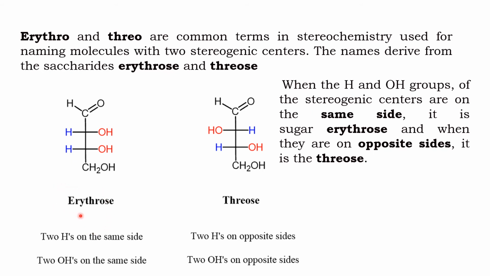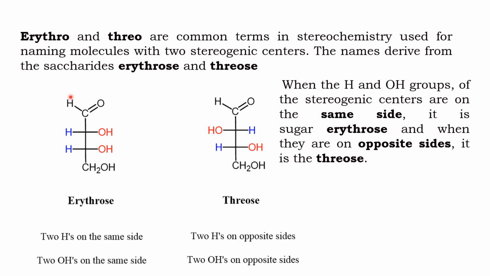Listen carefully. If the OH groups of the asymmetric carbon atoms are placed on the same side, it is called erythro. If the OH groups are on the opposite side, it is called threo.